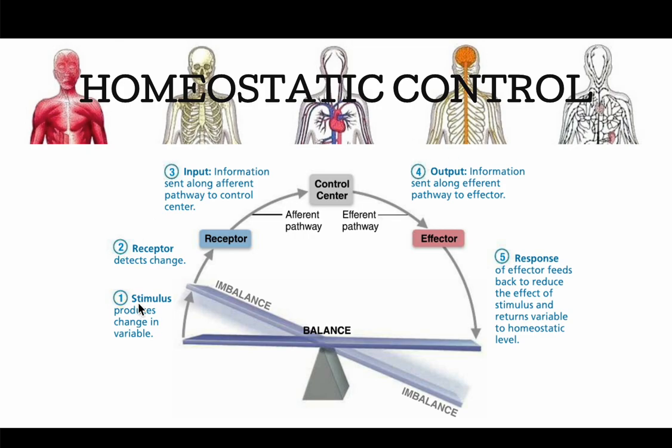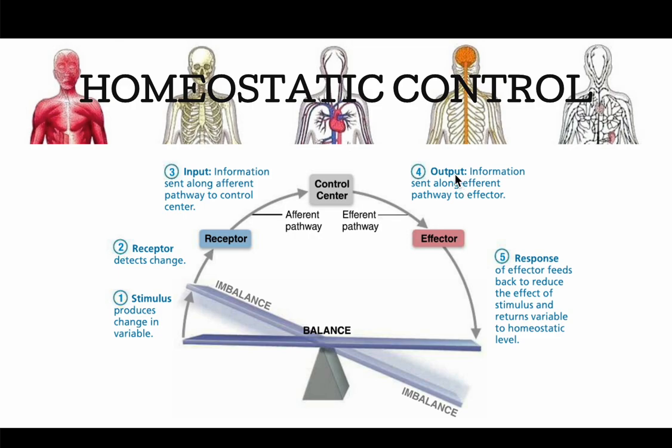If you have a stimulus, it produces change in a variable, the receptor detects the change, and there's an input of information sent along your afferent pathway to the control center, that's your brain. Your brain is your control center.